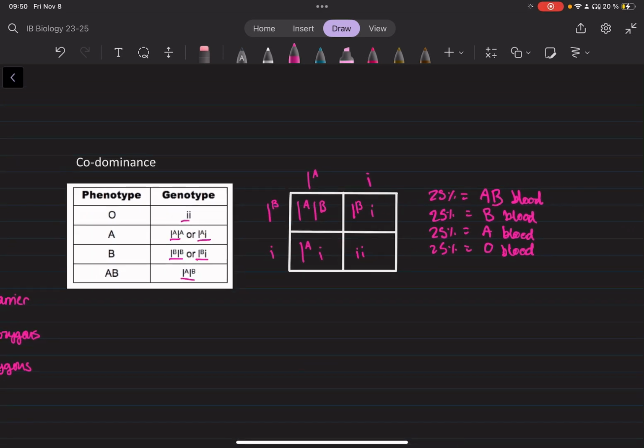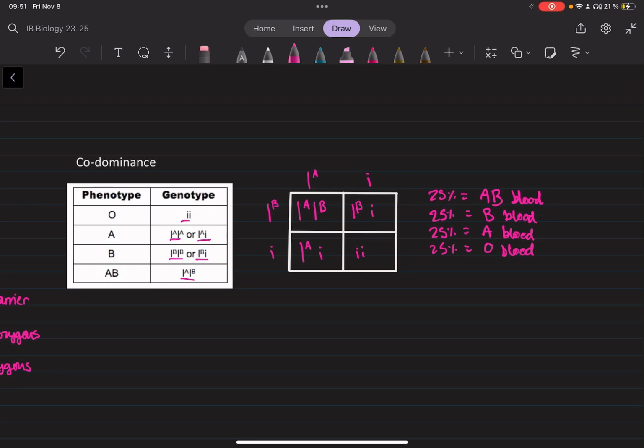So if your parents have very specific types of alleles, you're able to get an equal chance of having all of the different blood types.